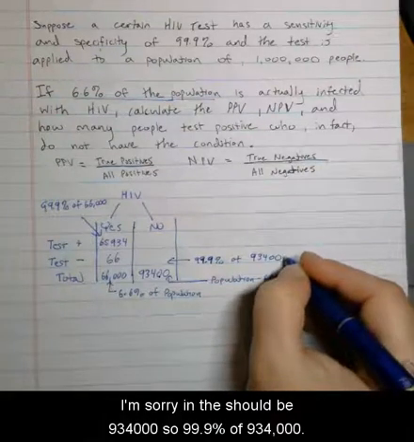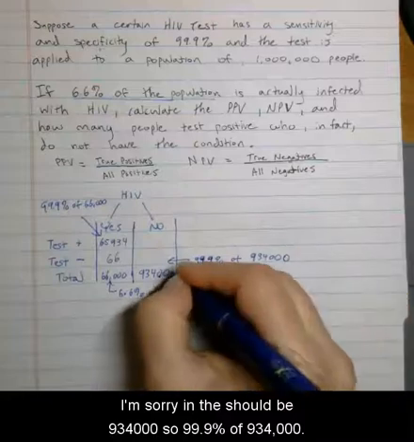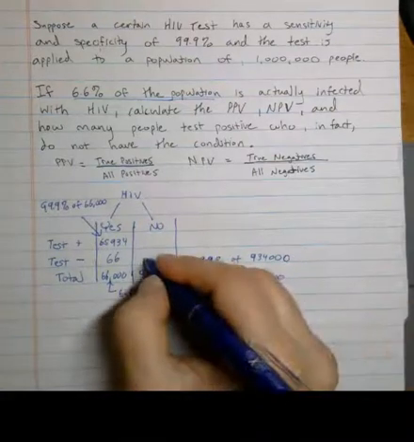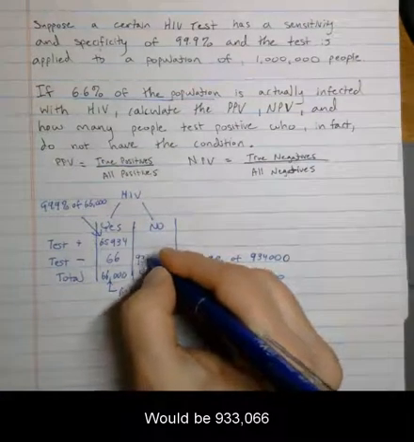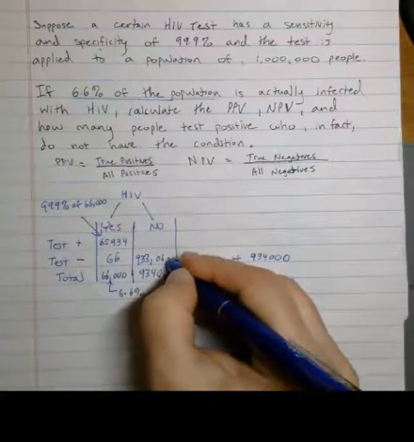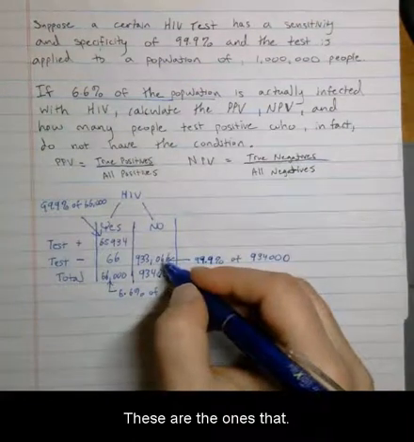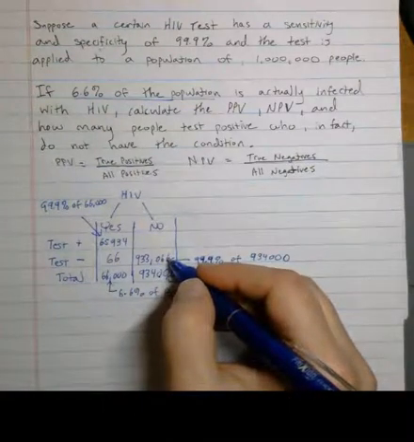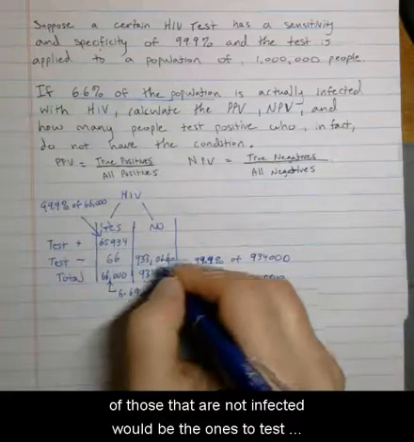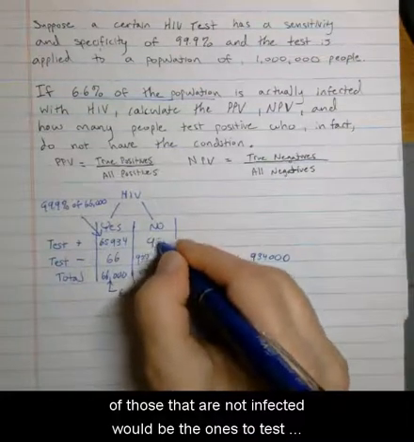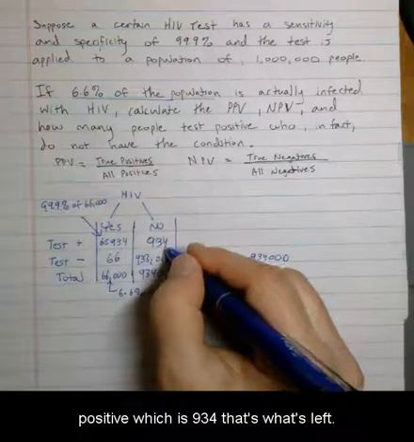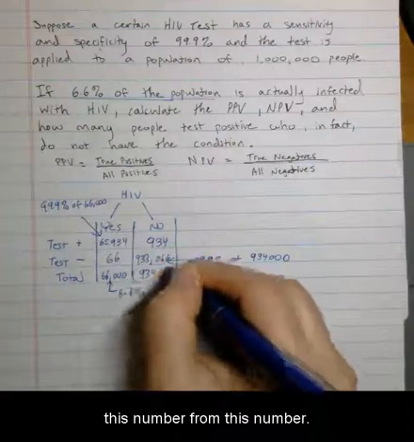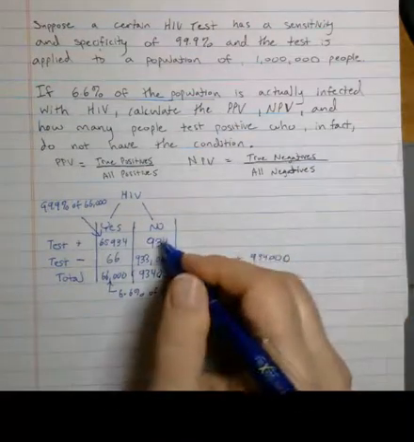I'm sorry, I said 93,400, this should be 934,000. So 99.9% of 934,000 would be 933,066. So these are the ones that test negative out of those that are not infected. What's left of those that are not infected would be the ones that test positive, which is 934. That's what you get if you subtract this number from this number here.